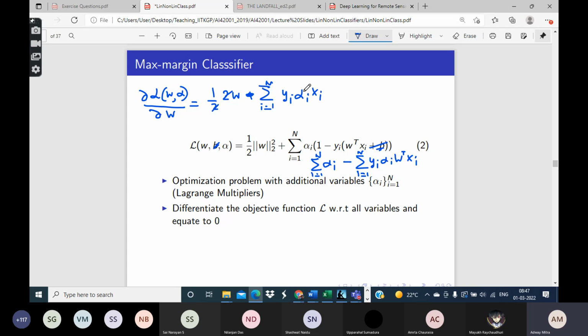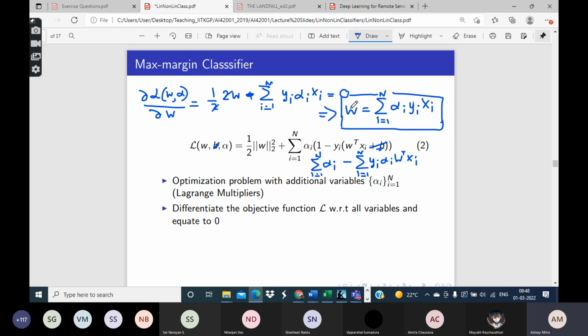So half cancels with the two, and we equate it to 0. So that means W is equal to the sum of alpha i yi xi. Okay, so this is the first important relation we have obtained here.